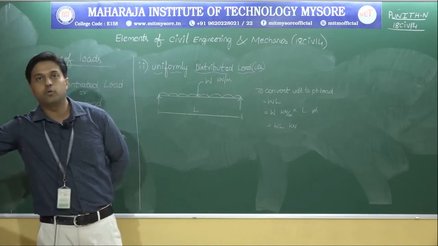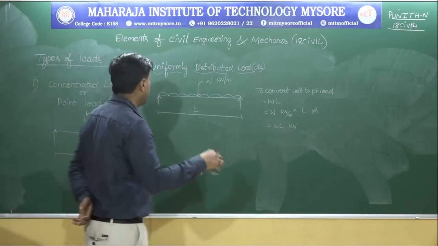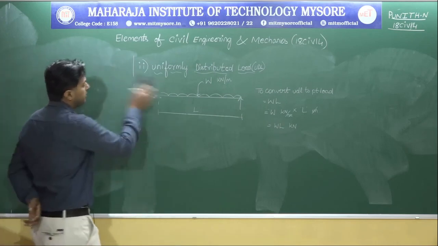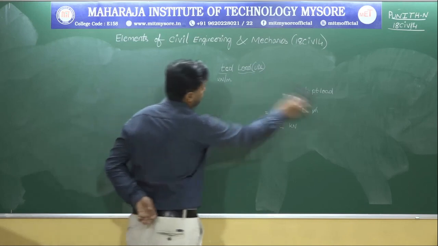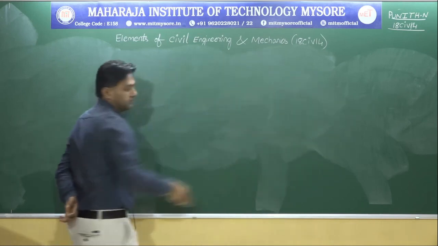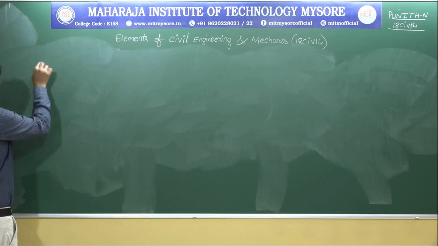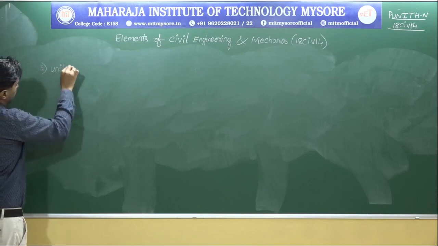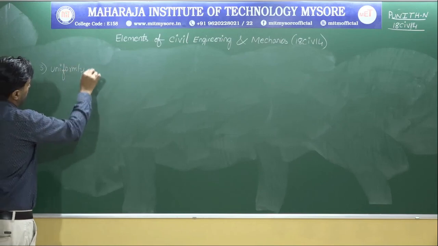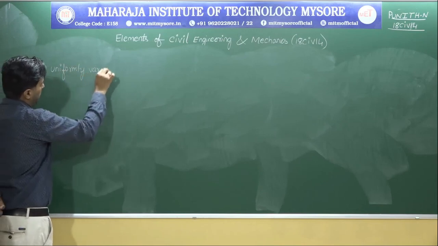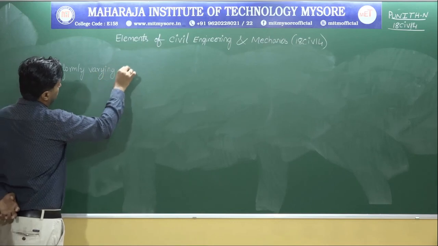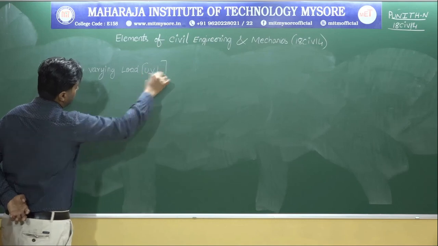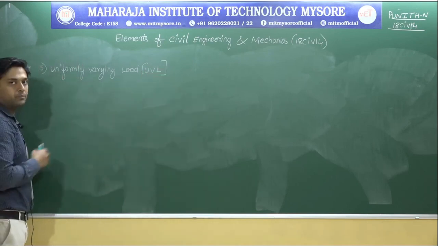Similarly, we'll go with one more load, that is uniformly varying load. Observe here. The third one is uniformly varying load. We call that UVL.